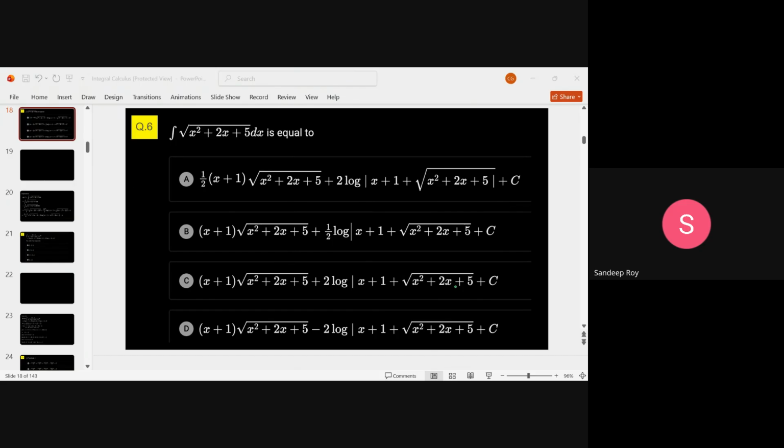This is also a standard integration, easy, right? You have to convert it into the standard form of the formula, then you can proceed. The formula is the integration of under root of x square plus a square dx. So first you make a perfect square inside the under root by some arrangement. Then you'll get the values.